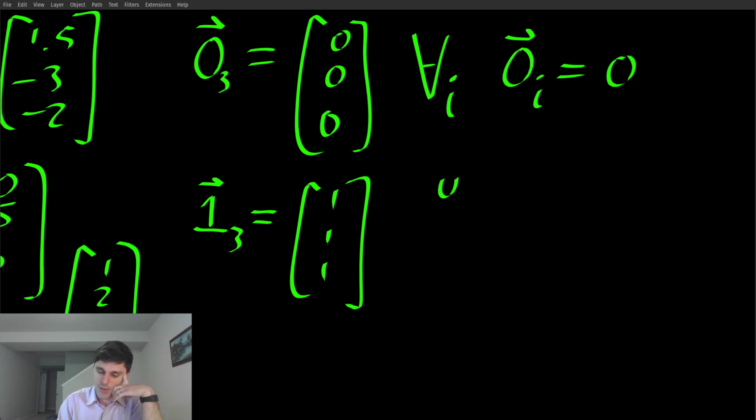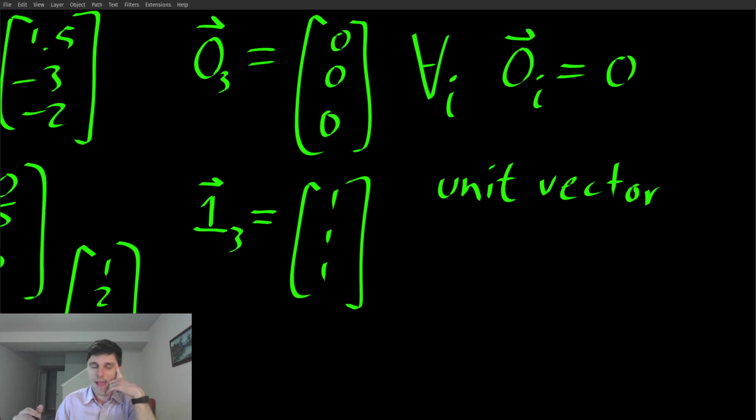Now we're going to talk about the unit vector. This is our other fancy vector. The unit vector has a 1 in one place and a 0 everywhere else. In that case, we usually put the subscript in the location where the 1 is. So for example, E1, this is different from this where it was the length over here.